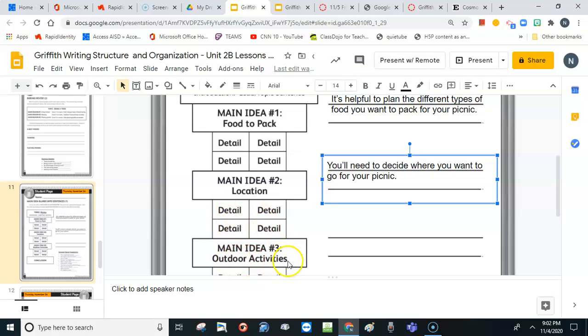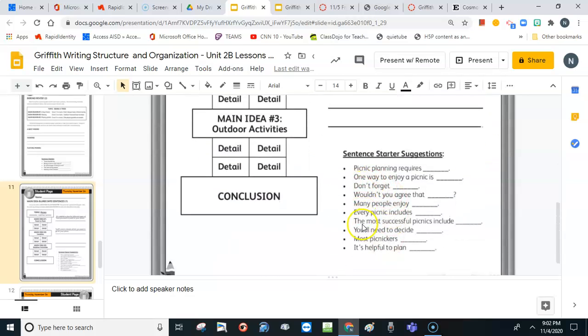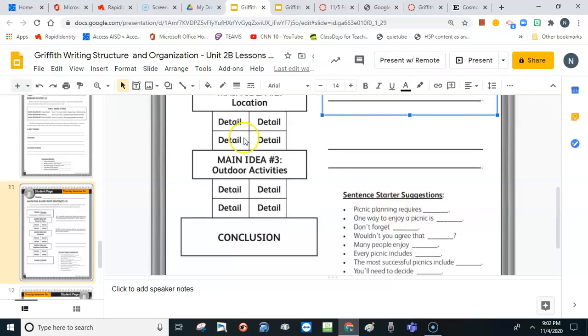And then outdoor activities. Which one would you like to use for outdoor activities? Which sentence starter? I'm going to use a question. Wouldn't you agree that? So I am, again, use the text tool, click and drag.